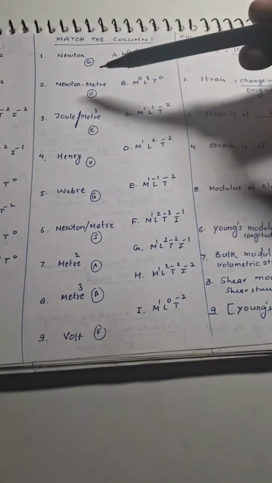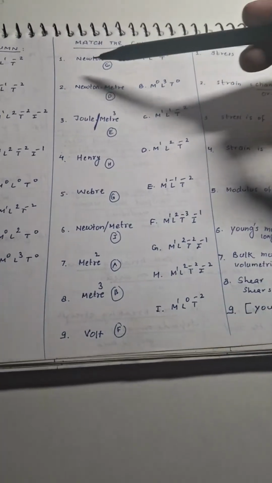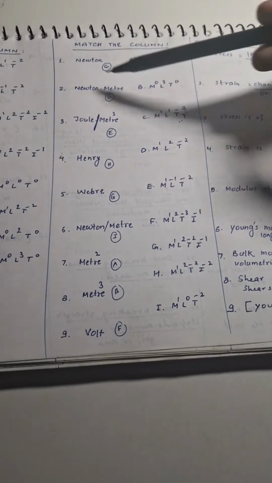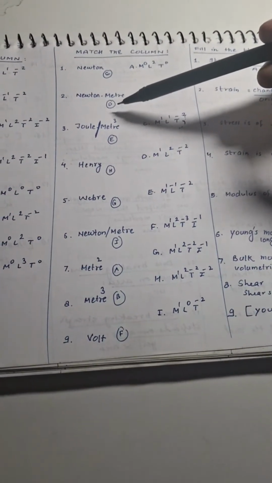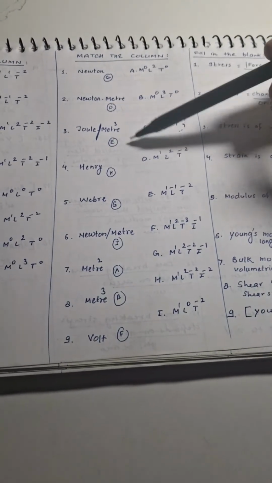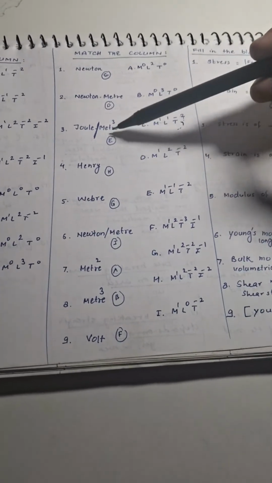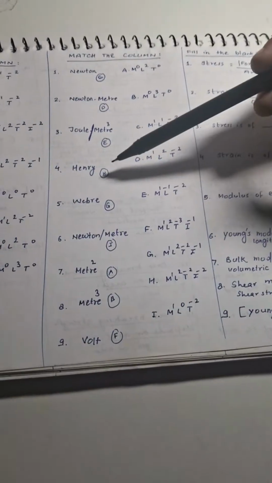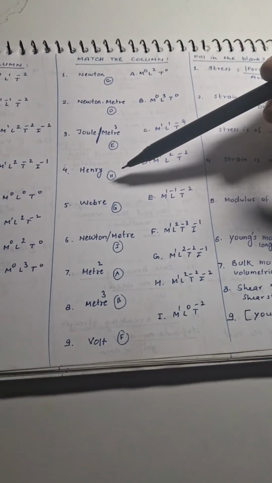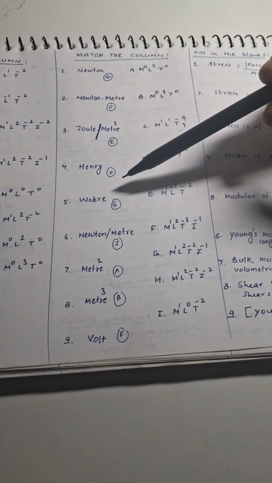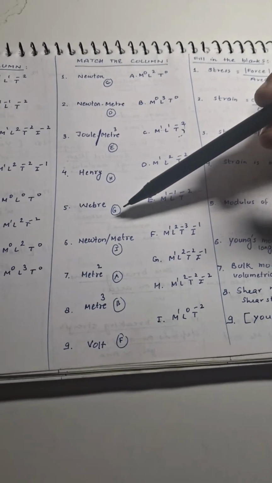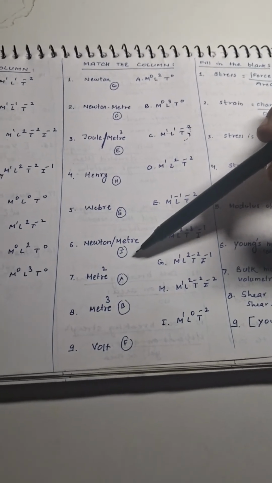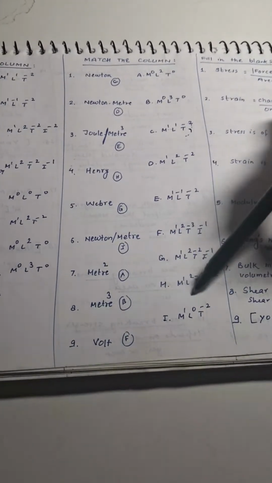Now there is another match the column, relating to units. Newton is the unit for force, so it matches with M^1 L^1 T^-2. Newton meter corresponds to work or torque, with dimension M L^2 T^-2, corresponding to option D. Joule per meter cube corresponds to energy density, M^1 L^-1 T^-2, so it corresponds to option E. Henry is for self inductance, M L^2 T^-2 I^-2, corresponding to option H. Weber is the unit for magnetic flux, so it corresponds to option G. Newton per meter corresponds to option I, as the length component is 0 here.